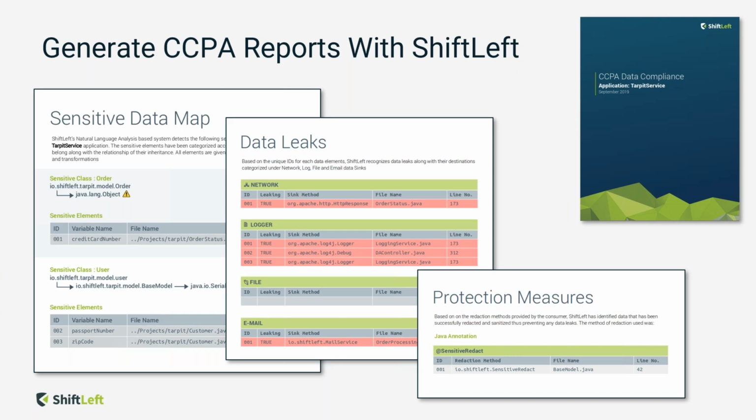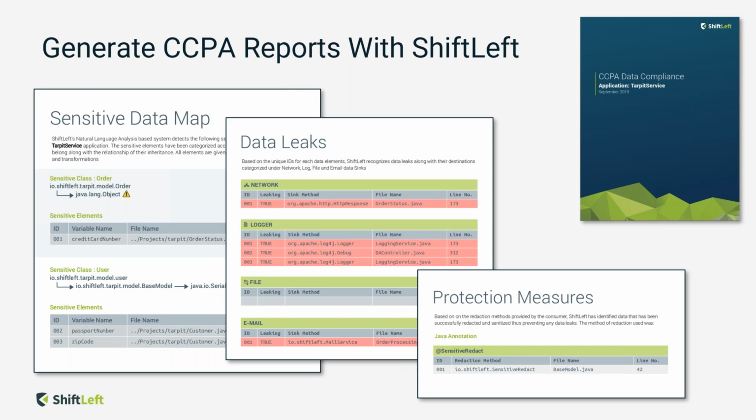We work at the source code, the application binary level. So we are not second-guessing based on how the application acts in real life. We are looking at how the application is created. So we identify where that sensitive element is inside the application. And then, looking at all the transformations and where the data is flowing to, we can identify all the leaks that happen in the data in the application.